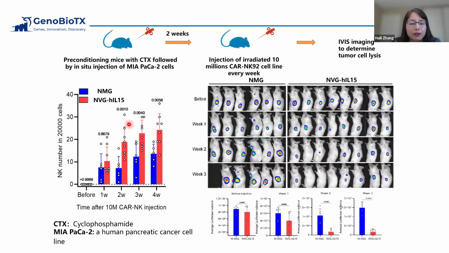The figure on the left shows a significant increase in NK cell numbers in the NVG mice after 1 week of treatment compared to the control NMG mice. This result is consistent with the observed efficacy of CAR-T treatment in NVG mice.